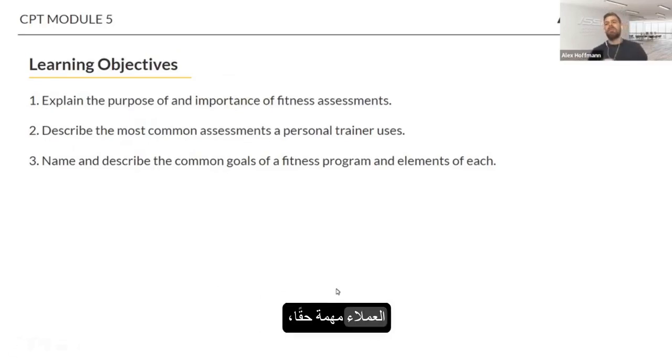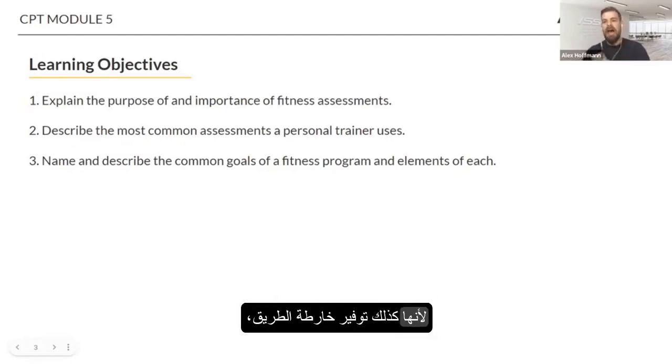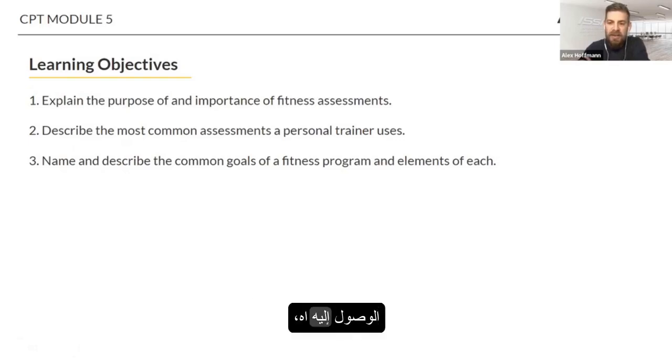Client assessments are really, really important because they provide all of the details for how we are going to build our roadmap. And our roadmap is our program design, right? To get our client to their ultimate outcome, the goal that they want to get to. But we can't fill in the details of that program design if we don't perform client assessments.